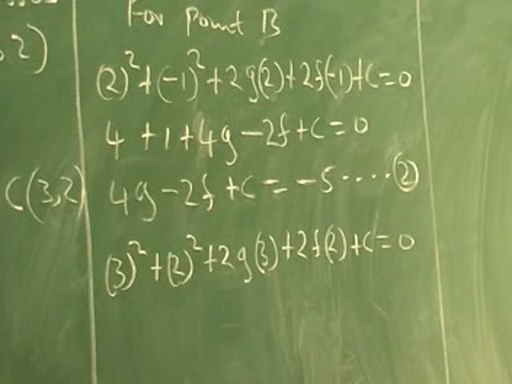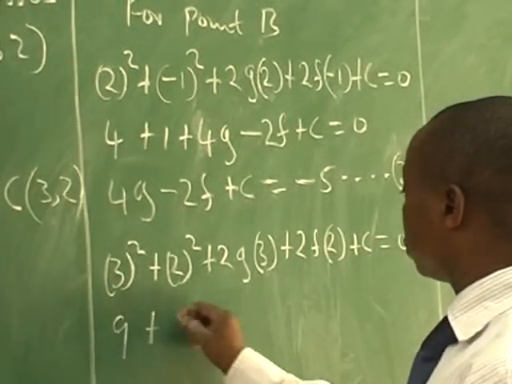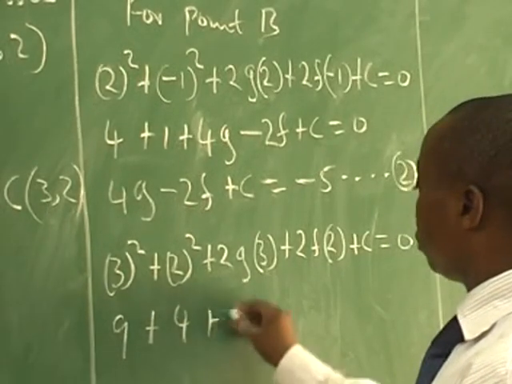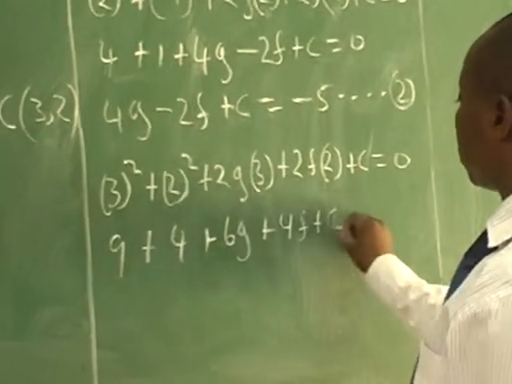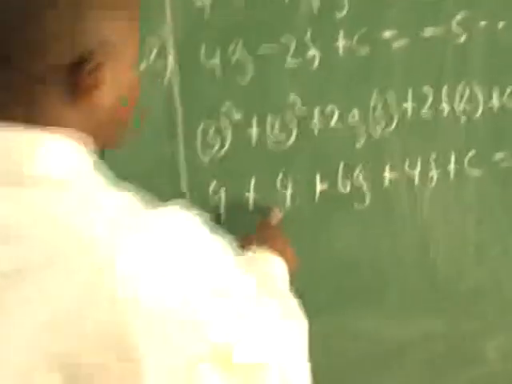Now if we do that, we have 9 here, plus here we have 4, then here we have 6g plus 4f plus c is equal to 0. That means here we have 13.